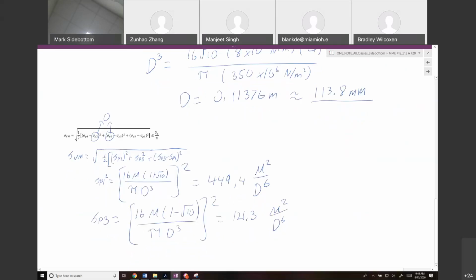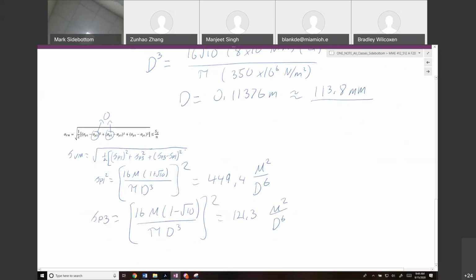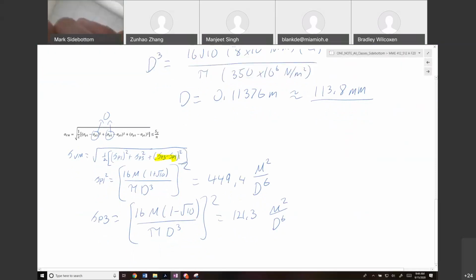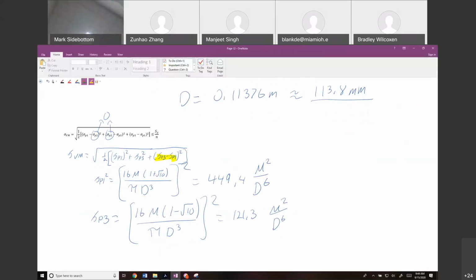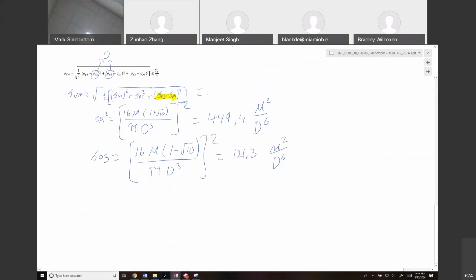And then this last part of the equation here, if we multiply this out, what we end up getting is sigma P1 squared plus sigma P3 squared plus sigma P3 squared minus 2 times sigma P1 times sigma P3 plus sigma P1 squared.